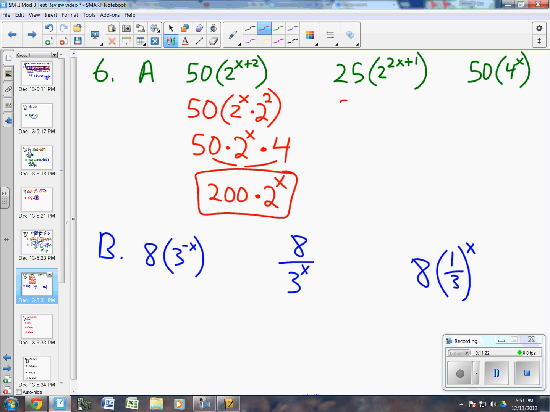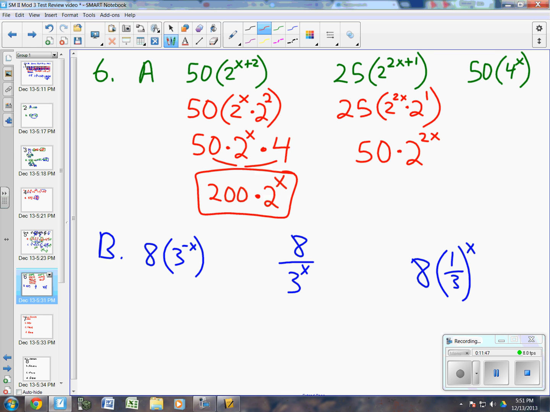Well, using that same rule that we just learned, 25 times 2 to the 2x times 2 to the 1 power. Well, 2 to the 1 power is just 2, and 2 times 25 is 50. So we have 50 times 2 to the 2x.